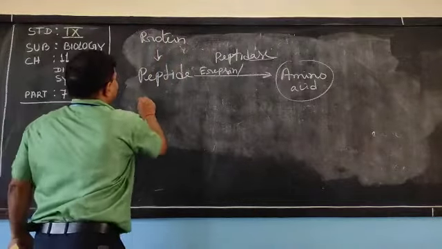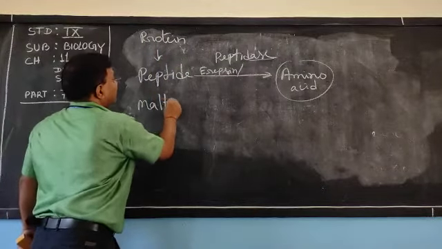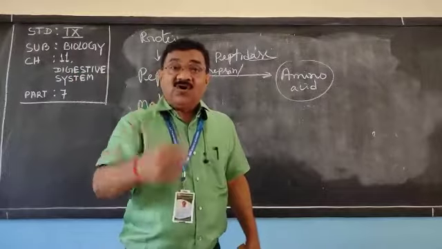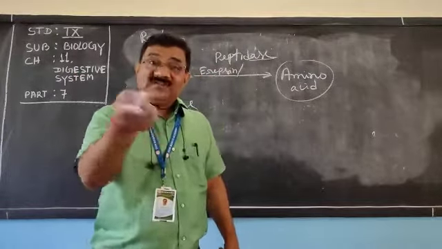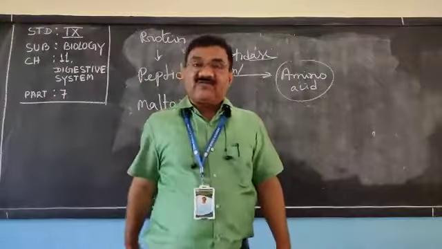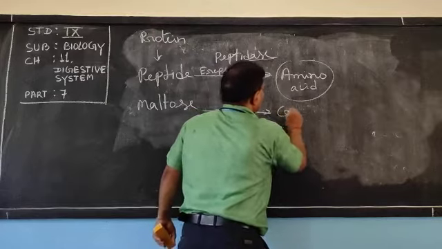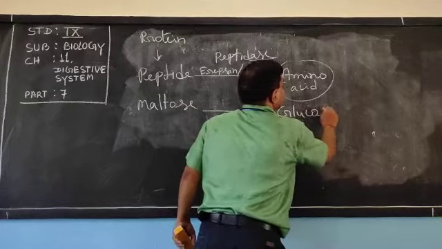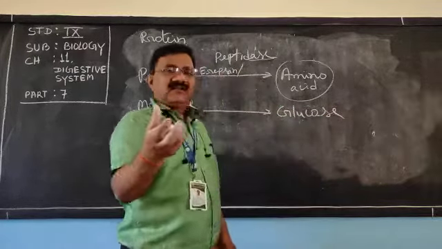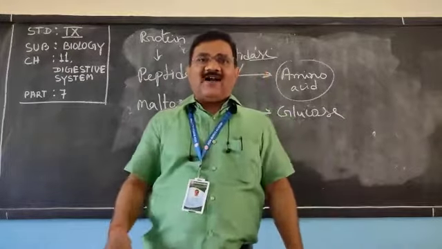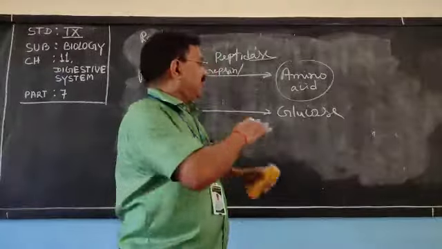Now maltose is not absorbed by the body. Glucose is absorbed. Glucose is the simple food which is absorbed by our body. So maltose is changed to glucose. Then only our blood can absorb it, and by blood it can be sent to different parts of the body.